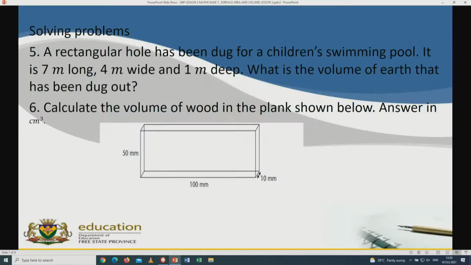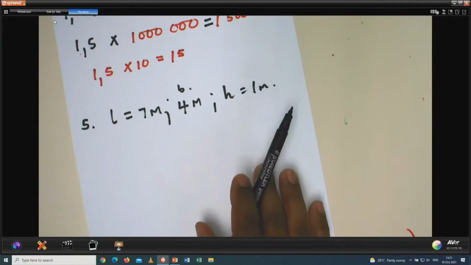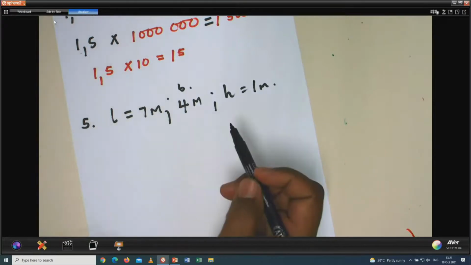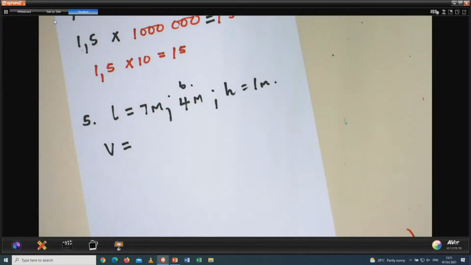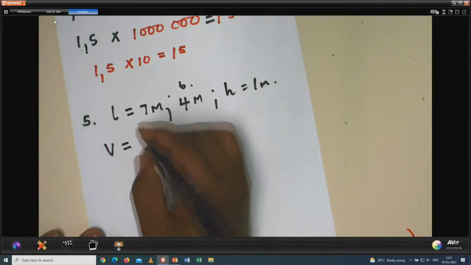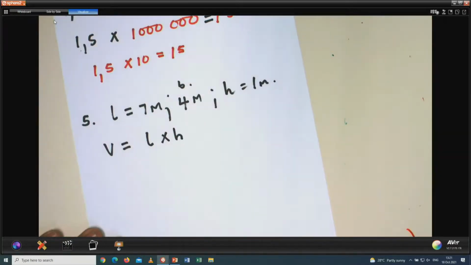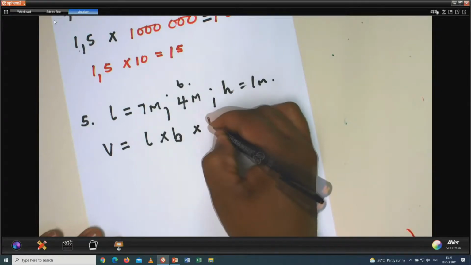Now we want to check. The question is, what is the volume of the earth that has been dug out? Then we need to calculate the volume. Remember, to calculate the volume of a rectangular prism, we said it is the area of the base, that is length times breadth, and then we multiply by what? By the height.